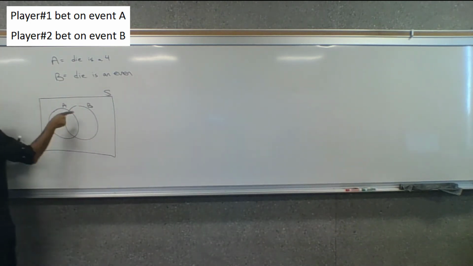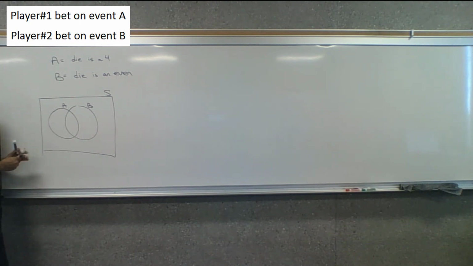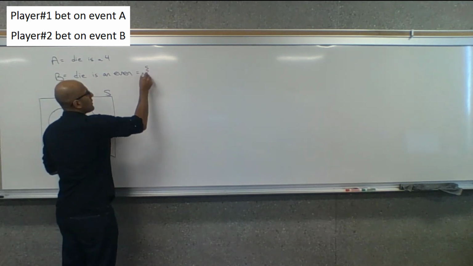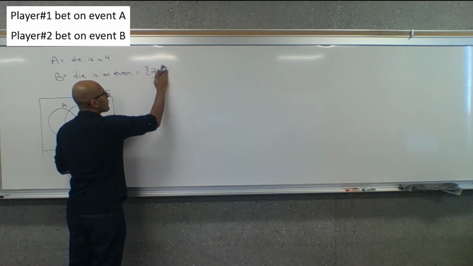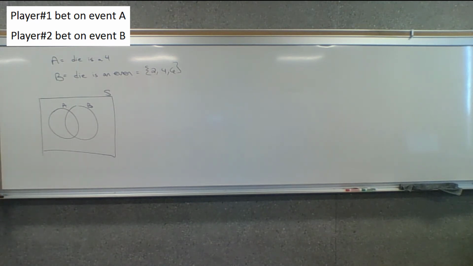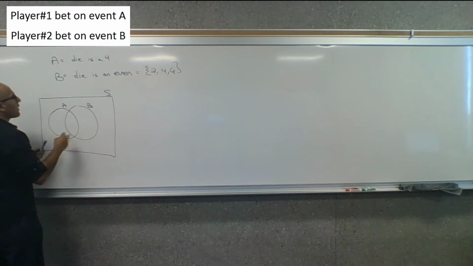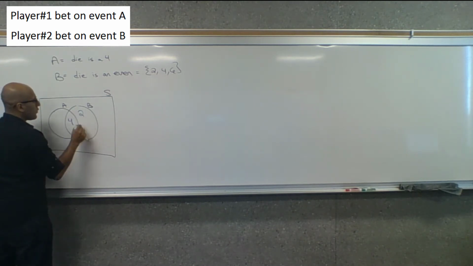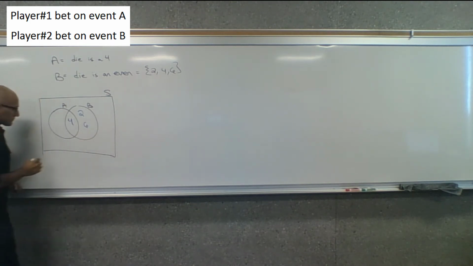And event B is that it could be a 2, or it could be a 4, or it could be a 6. Those are all the ways in which event B can occur. So this can be drawn as a 4 or a 2 or a 6 this way.